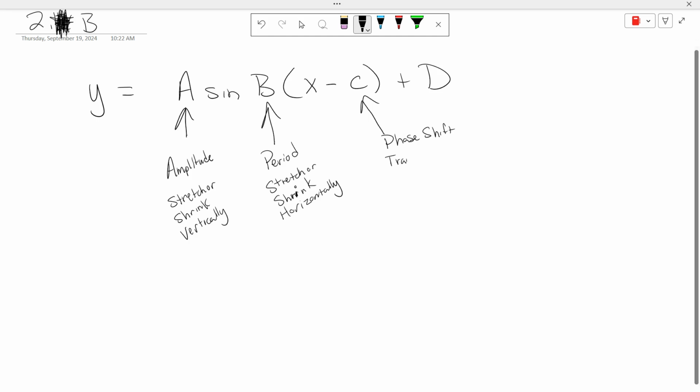That's the translation left to right. And D is the vertical shift. That's translating it up or down.